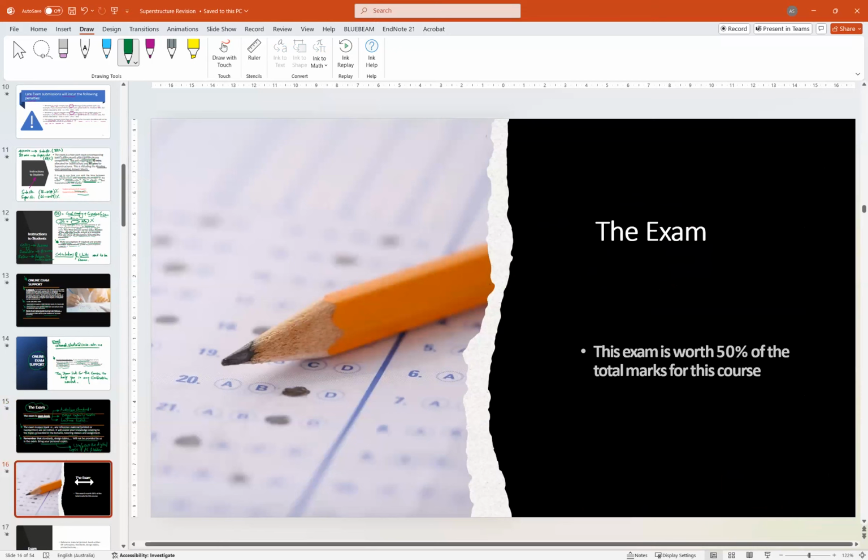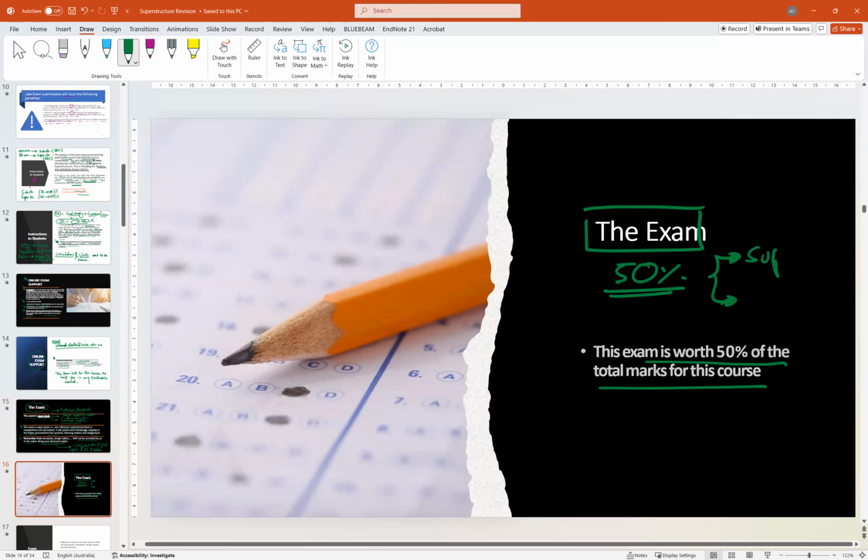And this note you already know: the exam is 50% of the whole course. And this 50% is shared by the superstructure component and the substructure component.